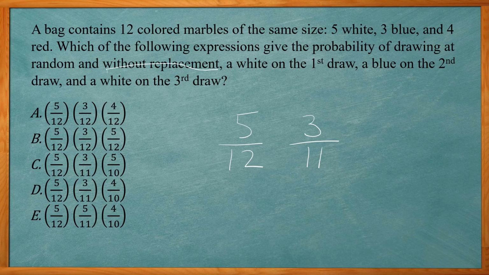And on your third draw, another white one. Okay, so we remove one white one on the first draw. So there's only 4 of the white ones to choose from. And then after your 2 draws prior, you only have 10 left to choose from. So it'll be 5 twelfths times 3 elevenths times 4 tenths. Answer choice D.